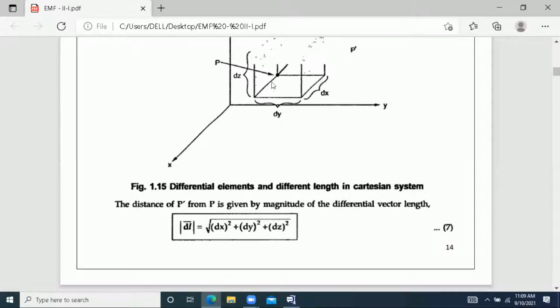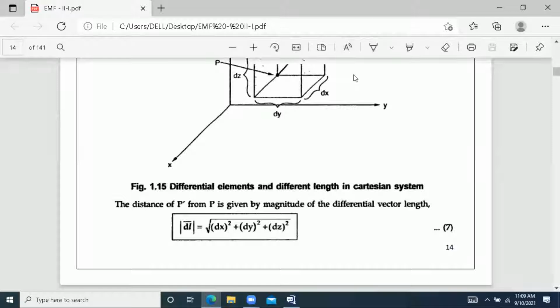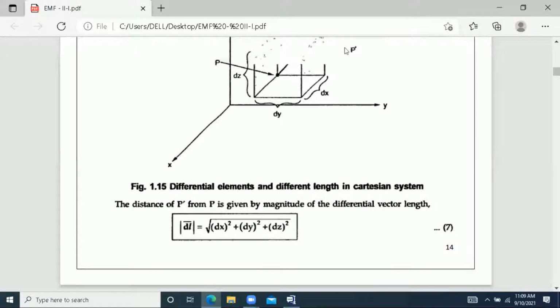So the distance from P to P prime, right, is the absolute value or the modulus of your vector.